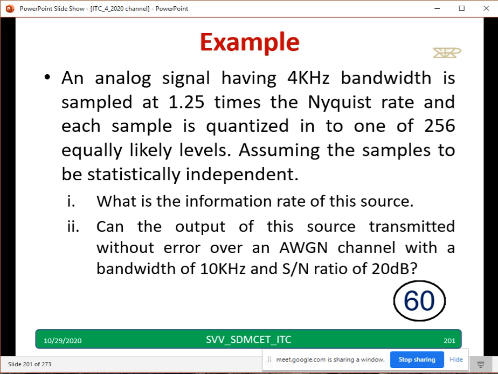Next question. Can the output of this source be transmitted without error over an AWGN channel, additive white Gaussian noise channel, with a bandwidth of 10 kilohertz and signal to noise ratio of 20 dB?